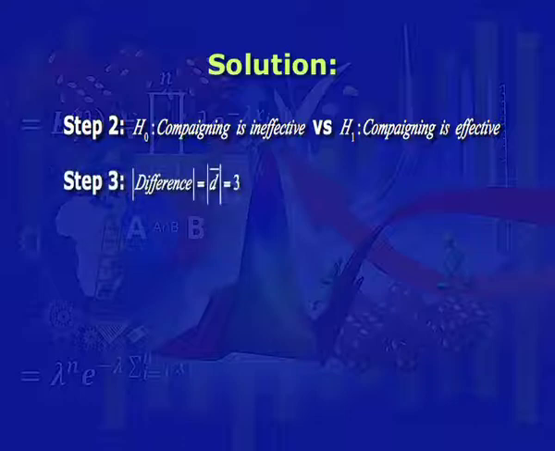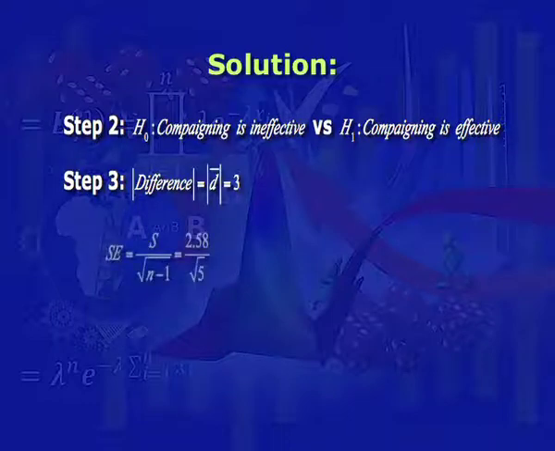In step 3, we calculate the value of the test statistic. The absolute difference, given by absolute difference of d bar, is equal to 3, and the standard error is equal to s divided by root n minus 1, which is equal to 2.58 divided by root 5.